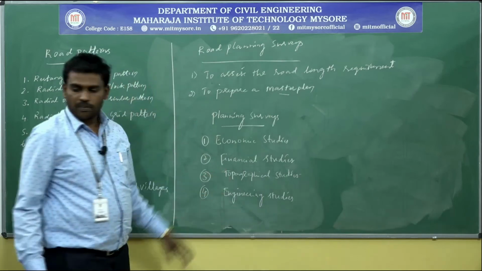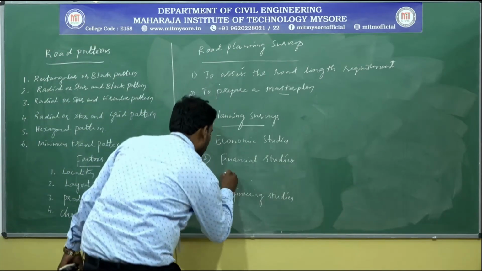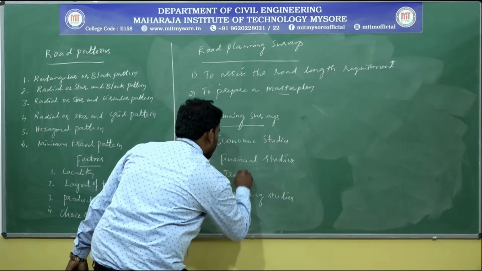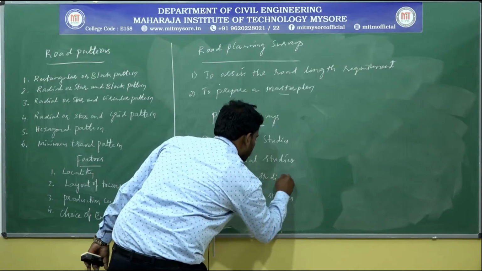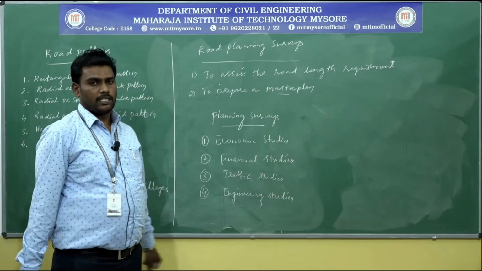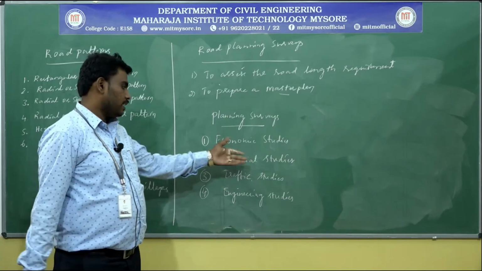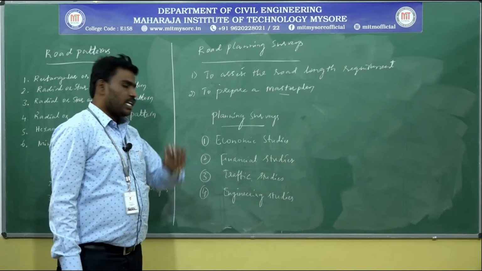This topographical study we can also call traffic studies. These are the 4 types of studies undertaken in the planning surveys while conducting the field surveys: economic studies, financial studies, traffic studies, engineering studies.